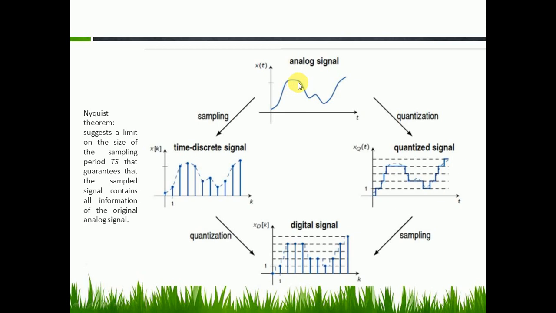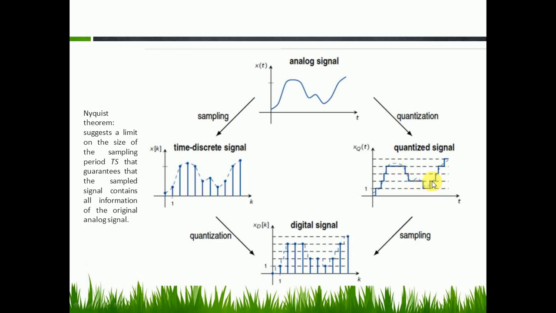At the same time, if the same signal is quantized, in other words, because it's analog, there are infinite possible combinations defined in this. So what you want is for every value to be defined only over specific jumps.